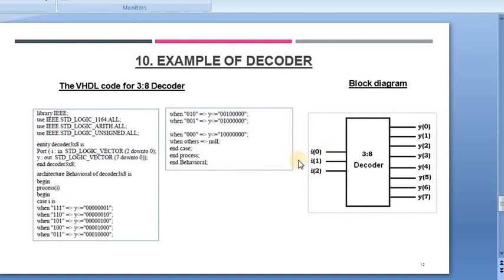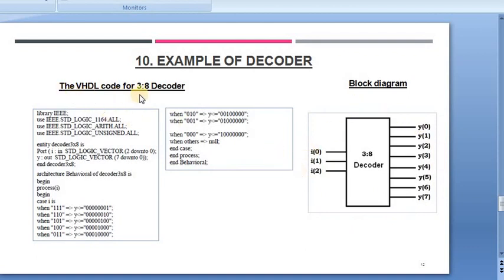There are 3 inputs, that is I0, I1 and I2, and 8 outputs, that is Y0, Y1, Y2, Y3, Y4, Y5, Y6 and Y7. Now I0, I1, I2 are decoded to form the 8 outputs starting from Y0 to Y7. This can be seen in the block diagram.